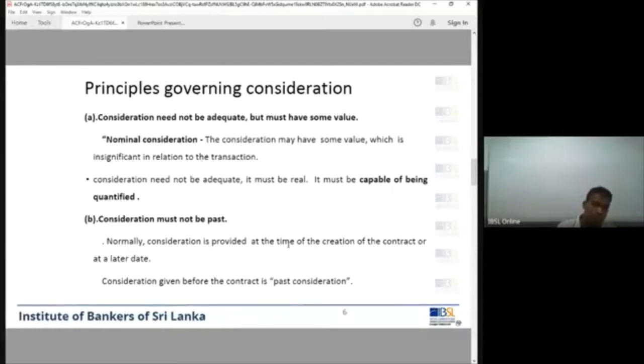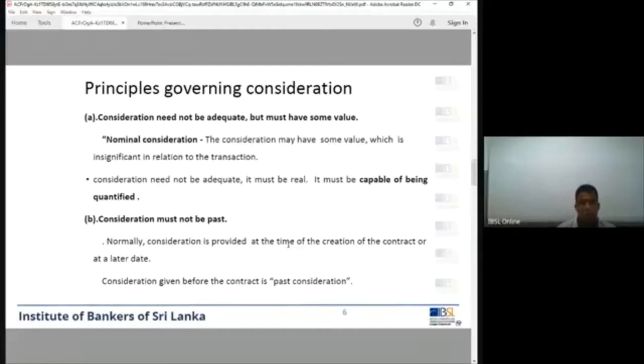So what will happen if it is challenged in court? That deed will not be valid. The court will say you have only put a nominal consideration, and a nominal consideration cannot be accepted as consideration under English law. That's why we say a nominal consideration is not a sufficient consideration for a valid contract.